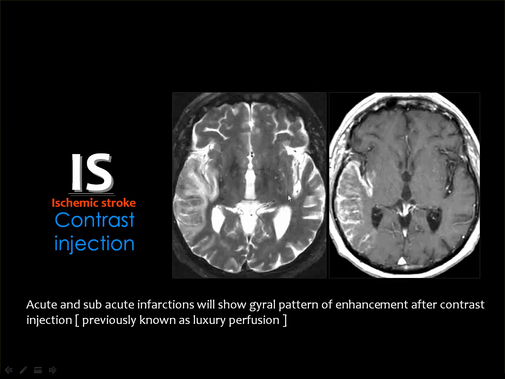What happens if you inject the infarction with contrast material? An infarcted area, if you thought that this may be a neoplasm, you may inject contrast material. If you inject contrast material for an infarction, it will show the classic pattern of enhancement, which is known as gyral enhancement, previously known as luxury perfusion.